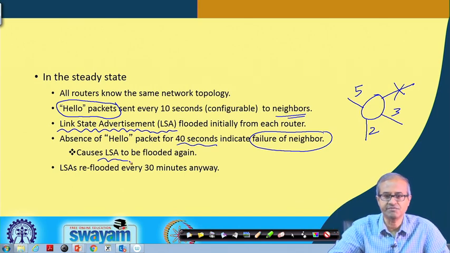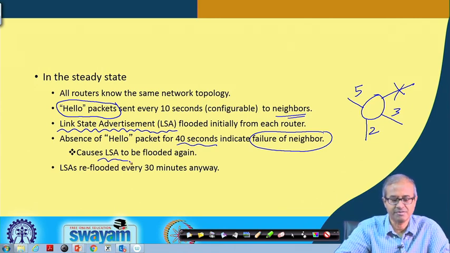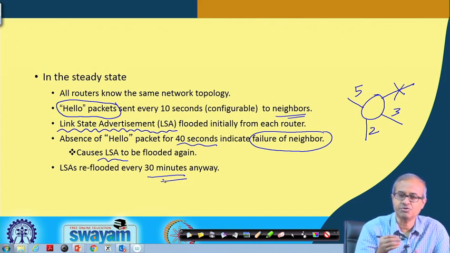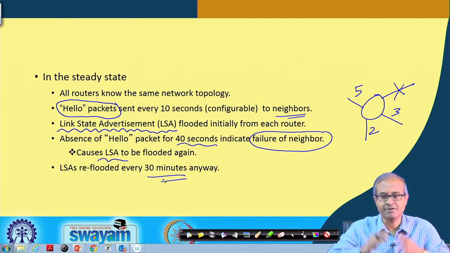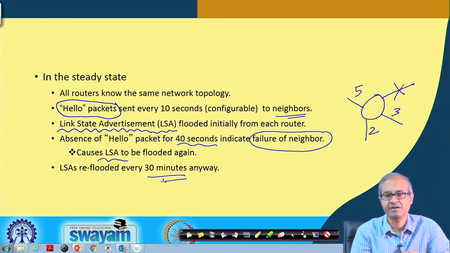This new state is forwarded, because now one router has detected that one link has failed, let the others also know. And anyway, every 30 minutes or so, link state advertisements are reflooded or resent by default, but once somebody detects a failure, it will be sent forcefully.